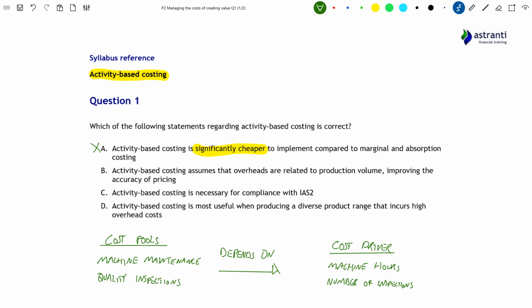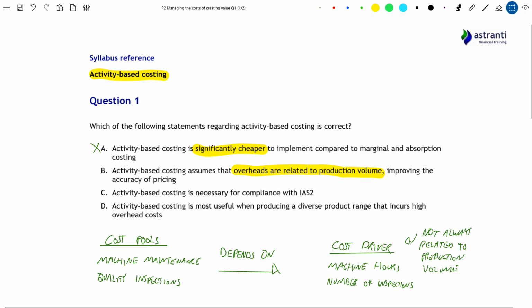Moving on to option B, which tells us that activity-based costing assumes that overheads are related to production volume, which improves the accuracy of pricing. Well, our cost drivers tell us what our level of different types of overhead actually depends on, and they are not always related to production volume. Production volume can absolutely be a cost driver.